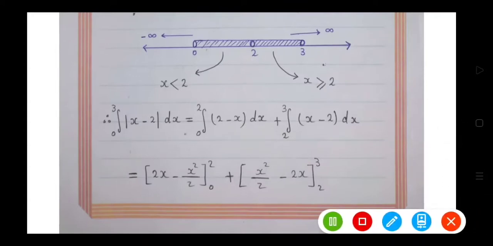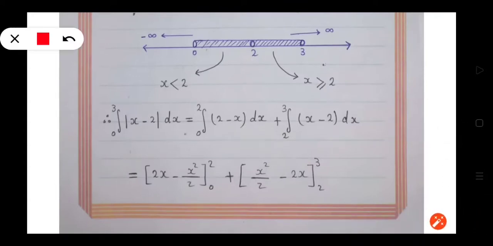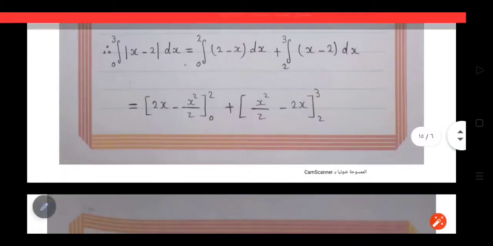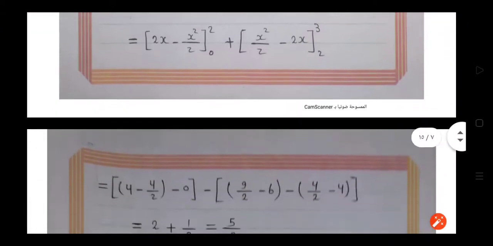To find this integration from 0 to 2, the integral is 2x minus x squared over 2, and also x squared over 2 minus 2x for the second part, but with different limits. Firstly, we substitute by 2.